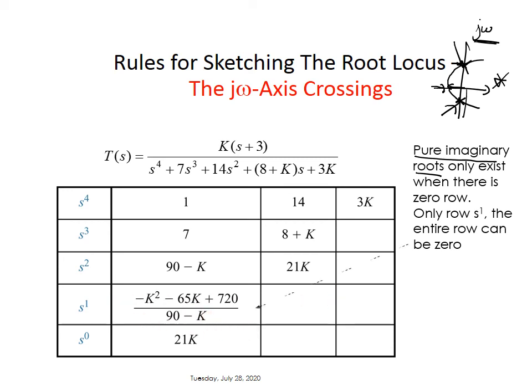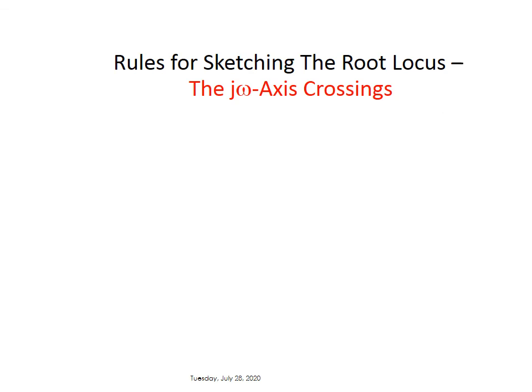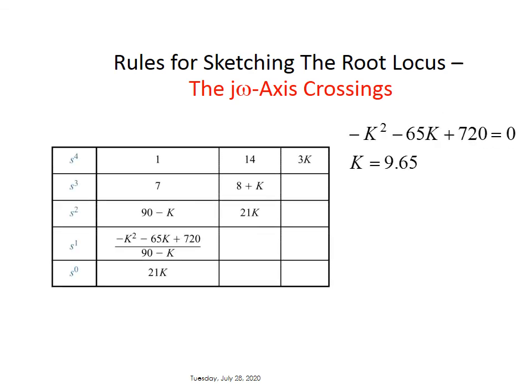So what do we do with it? The row will be 0 if minus k squared minus 65k plus 720 equals 0. So here we have the equation. This is the condition to be at the j omega axis crossing.